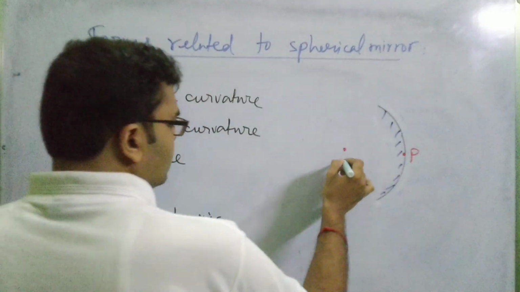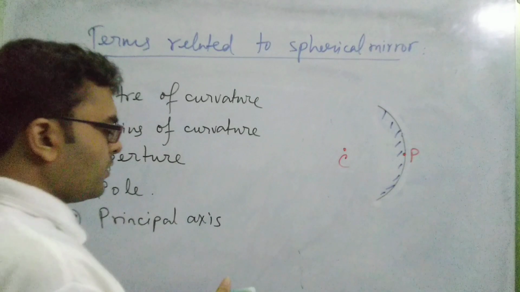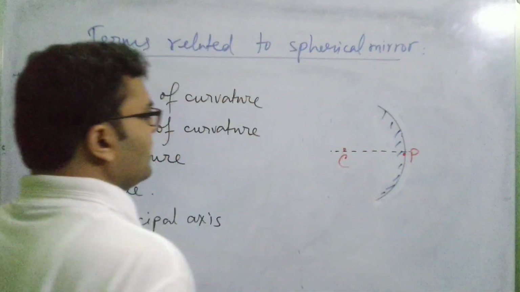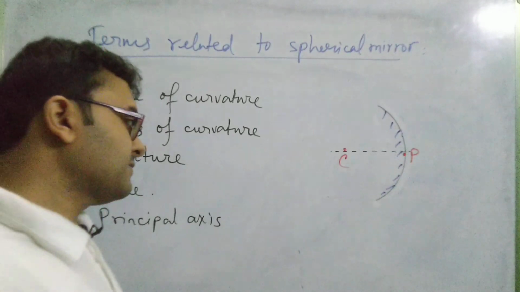The center of curvature is denoted with the letter C and the pole with the letter P. If we join these two points by a straight imaginary line, that line is regarded as the principal axis. The imaginary line joining the center of curvature to the pole of the mirror is called the principal axis.